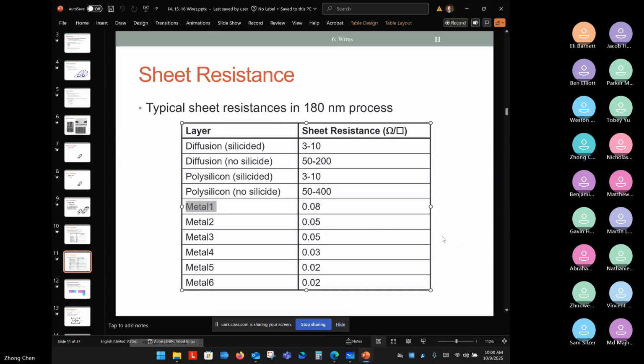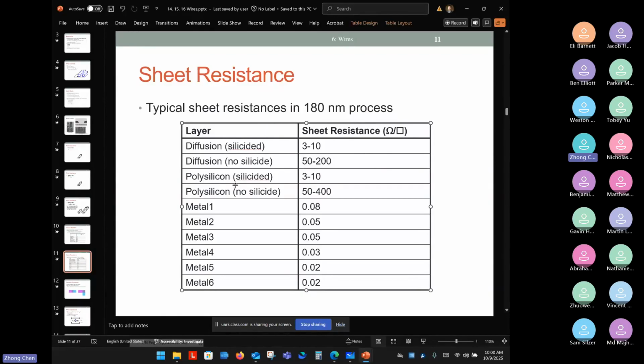Then you also find out there's diffusion resistance as well. Diffusion means you use a silicon well, so silicon N well or P well, either silicide or non-silicide, to create a resistor. You can also use polysilicon to create a resistor.